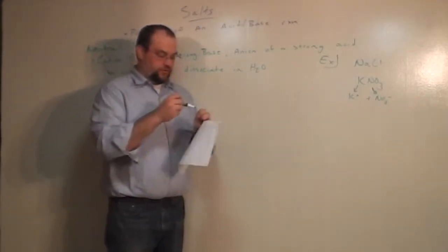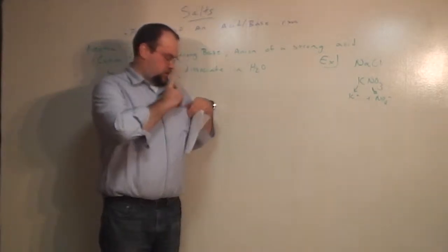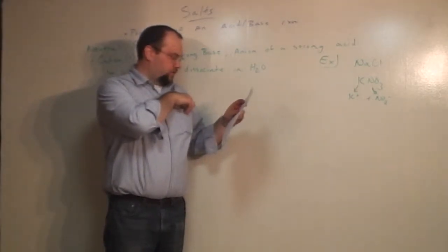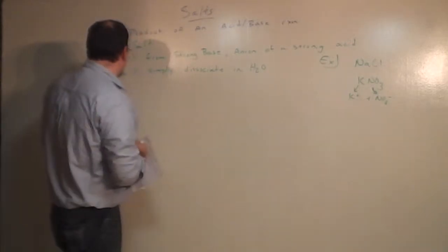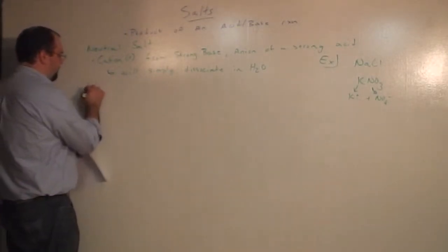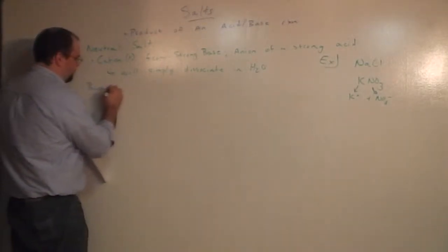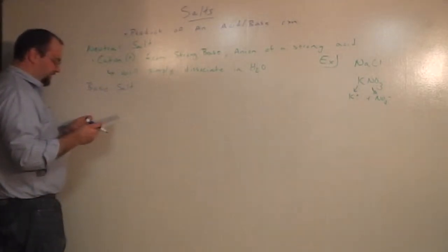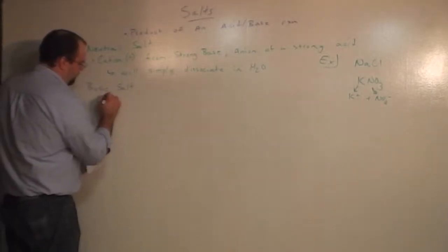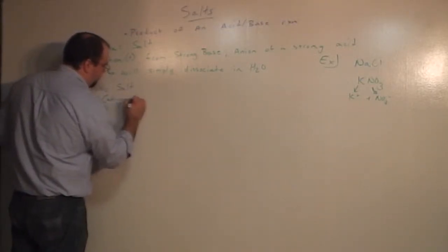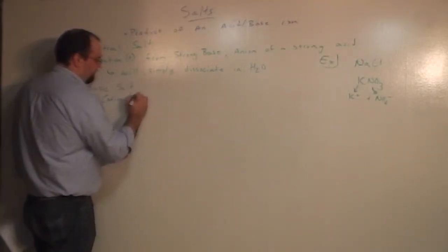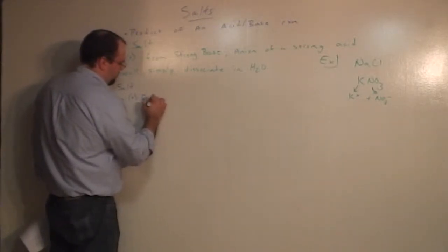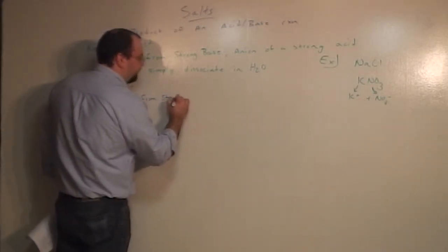Okay, that is neutral. So let's get rid of our neutral. Let's do basic. Okay, so we have basic salts. A basic salt, I still have my cation, that's the positive one, from a strong base.